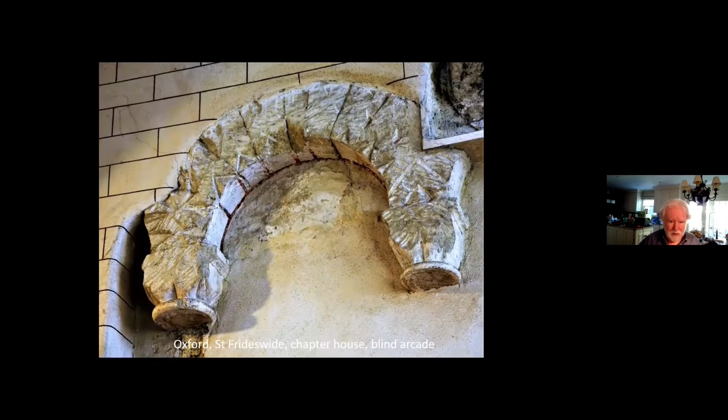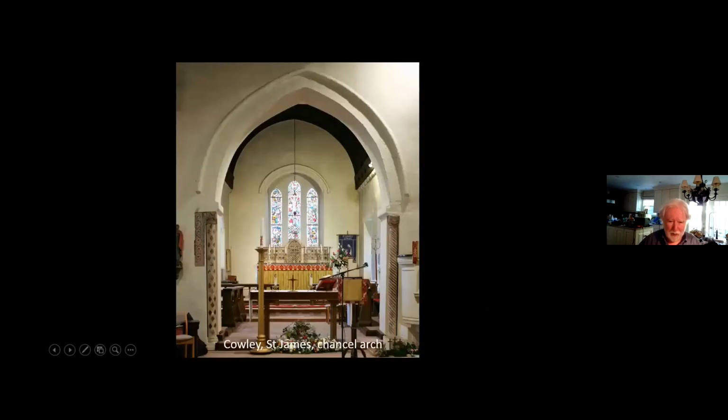We have evidence for it with this fictive masonry in the chapter house at St. Frideswide's, so a fairly standard arrangement of lime washing the masonry, and then you paint on a big thick red lipstick that is painted on to the work. And then something not too far from you, St. James's Church in Cowley, not well known enough.